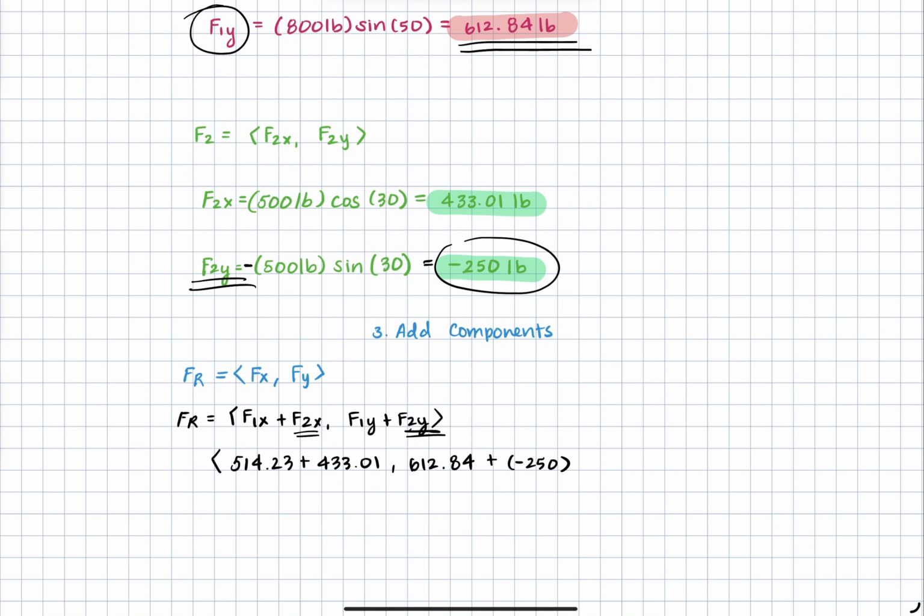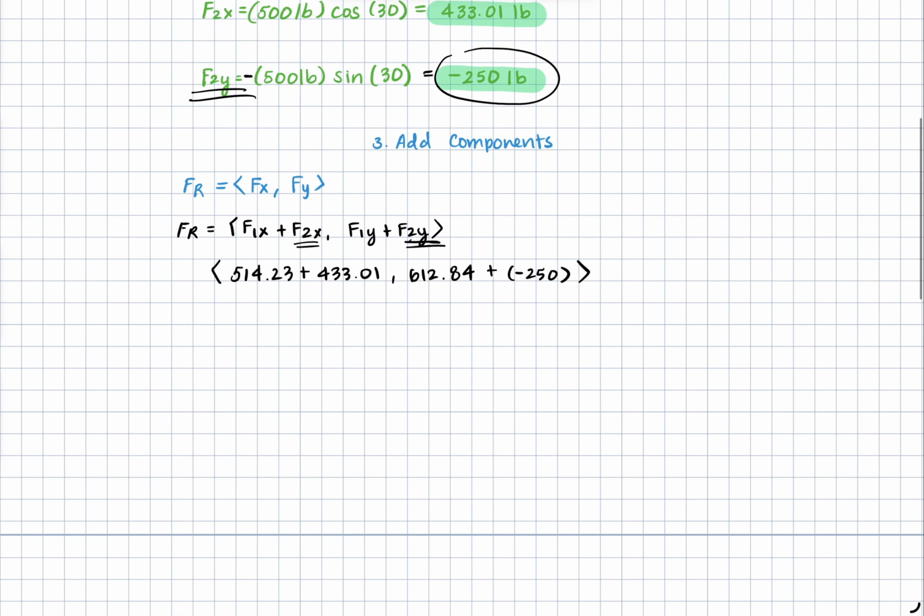When I do 514.23 plus 433.01, I get 947.24. And then if I calculate 612.84 minus 250, or plus negative 250, I'm going to get 362.84. So these are the components for my resultant force in pounds.